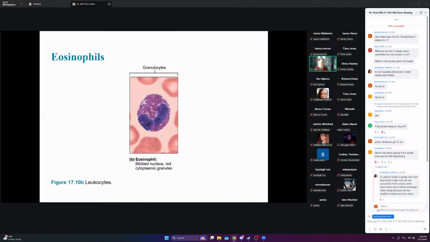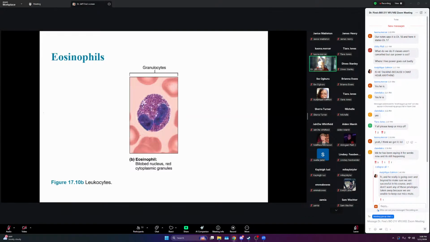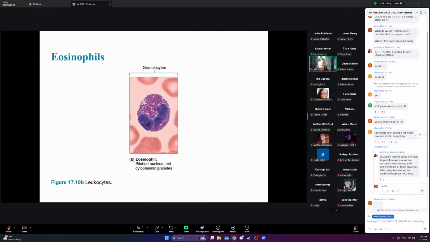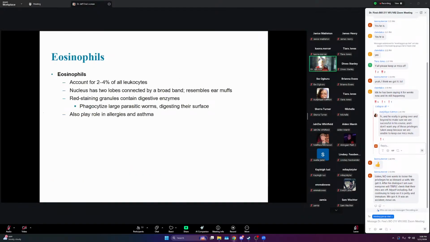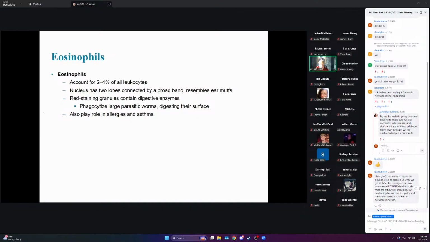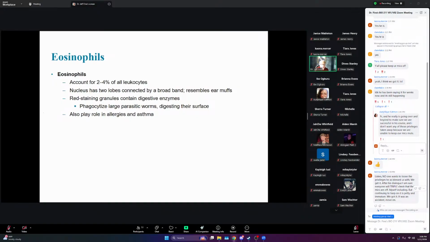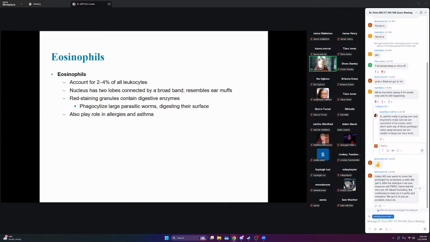Eosinophils. This isn't a particularly great image, but if you remember in lab, these are the ones that look like a pair of earmuffs or a pair of headphones typically. This one shows the two lobes of the nucleus, but it really doesn't show the band clearly. Eosinophils are granular in nature. They're granulocytes, and their job is to attack parasitic worms.